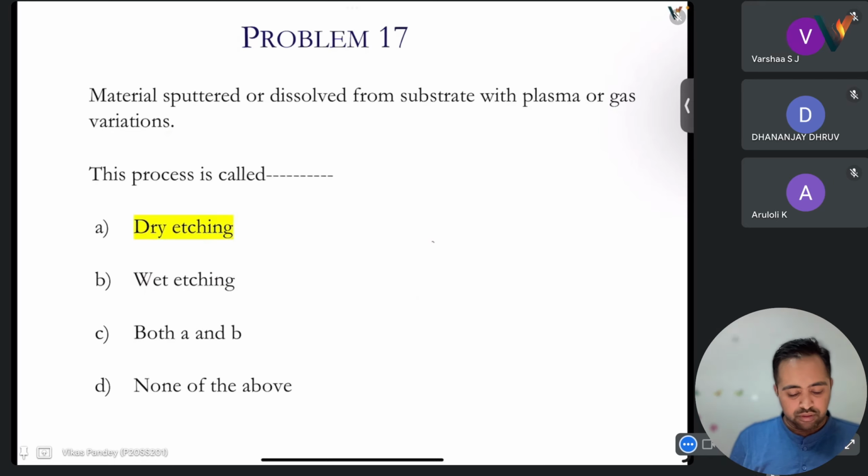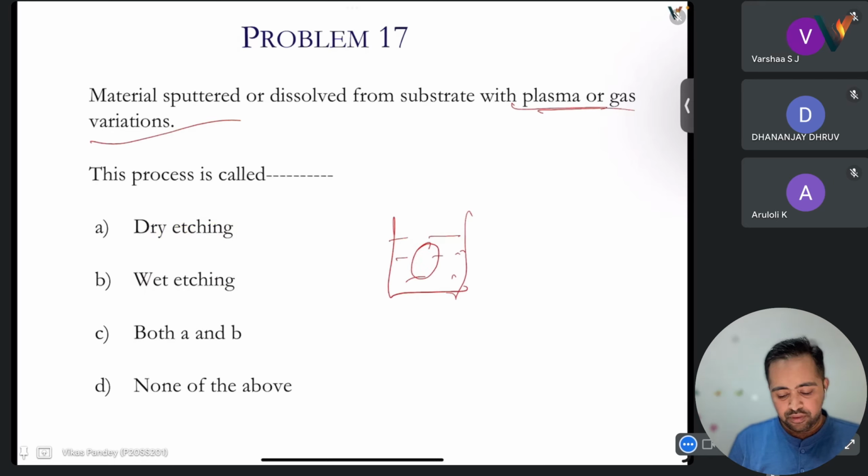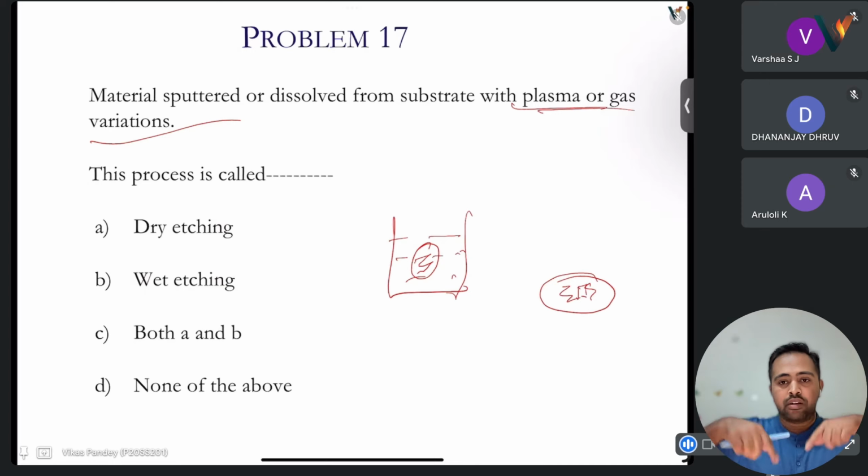We dip the wafer with the pattern made, and it will remove the other part. It will leave the things that are below this pattern. So that is wet etching.